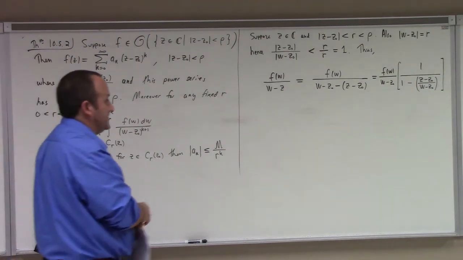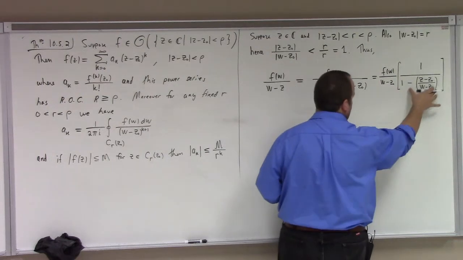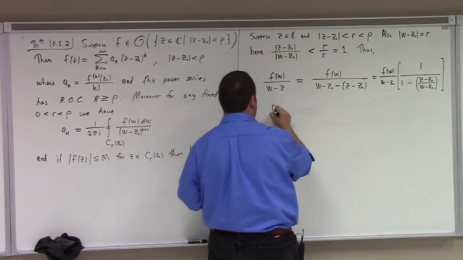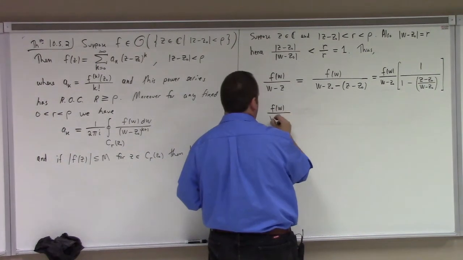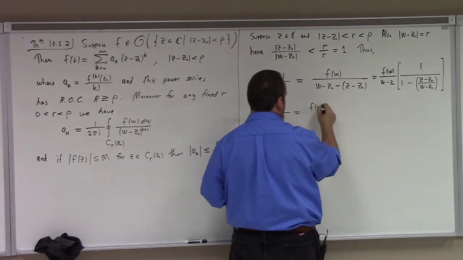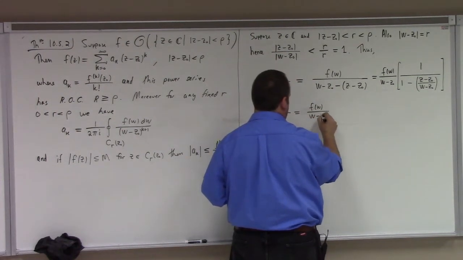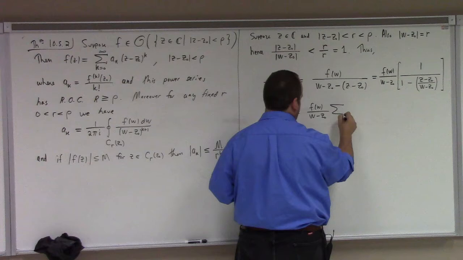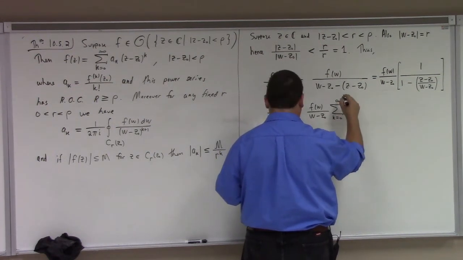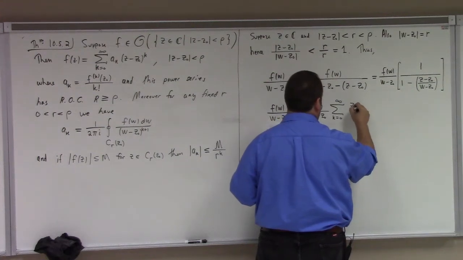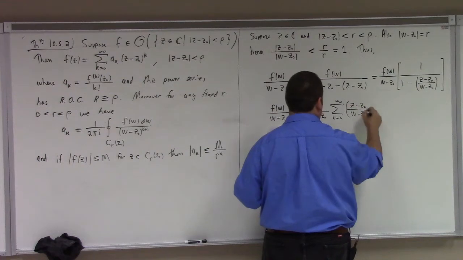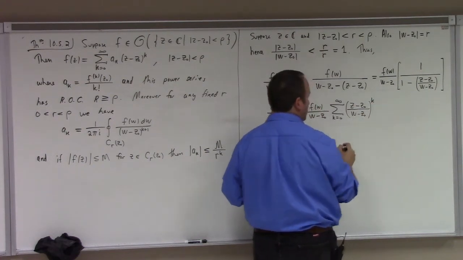Yes, geometric series. So I can take this and make a geometric series out of it because it meets this condition. So this gives us that f of w over w minus z is equal to f of w over w minus z naught times the sum, k equals 0 to infinity of z minus z naught over w minus z naught to the k, right?